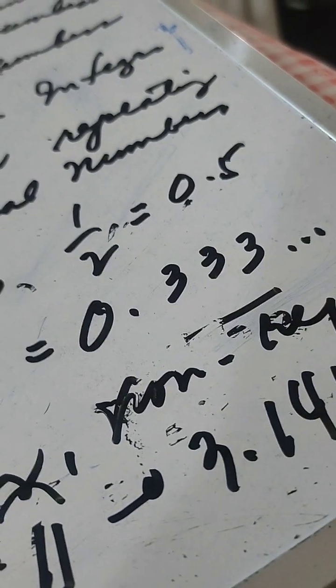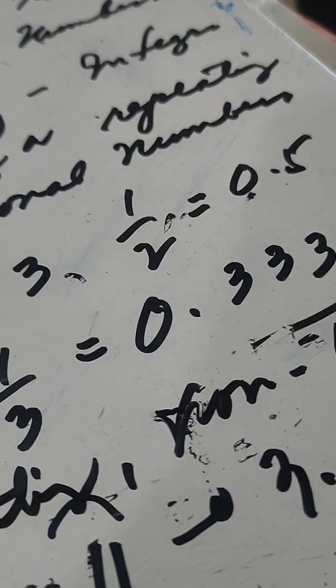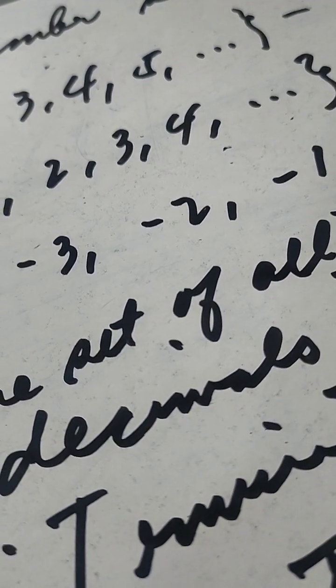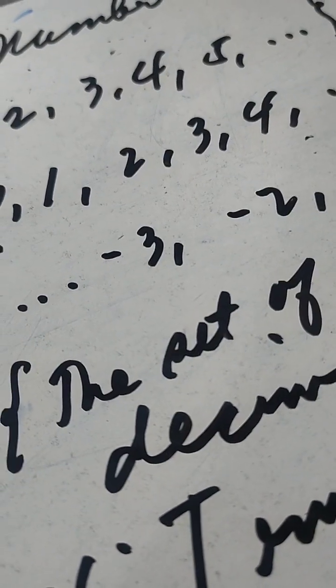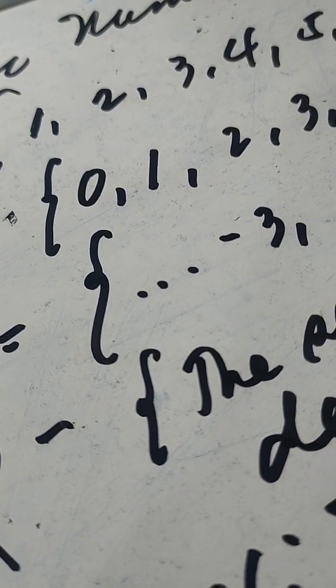So it cannot be determined. There's no pattern in the existence of the given digits in the decimal expression. That is why it is called the set of irrational numbers. So they're all non-terminating, non-repeating decimals. That is for our I.